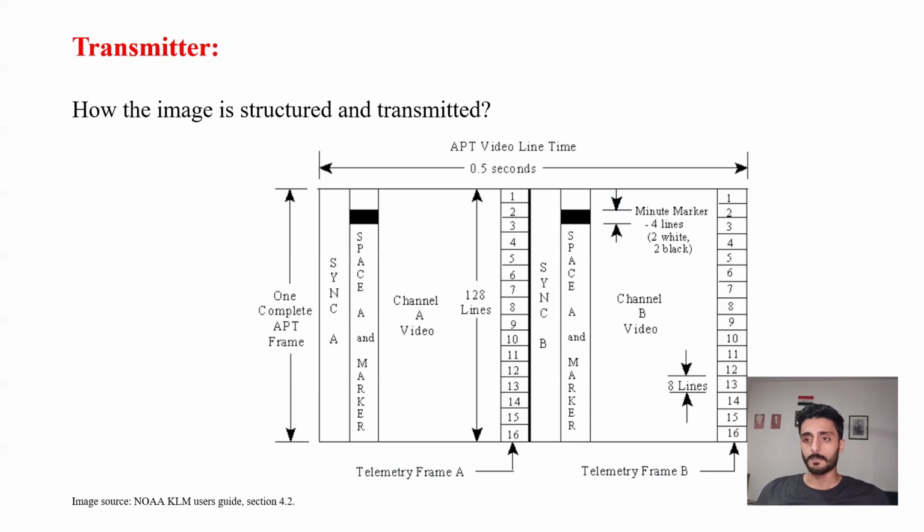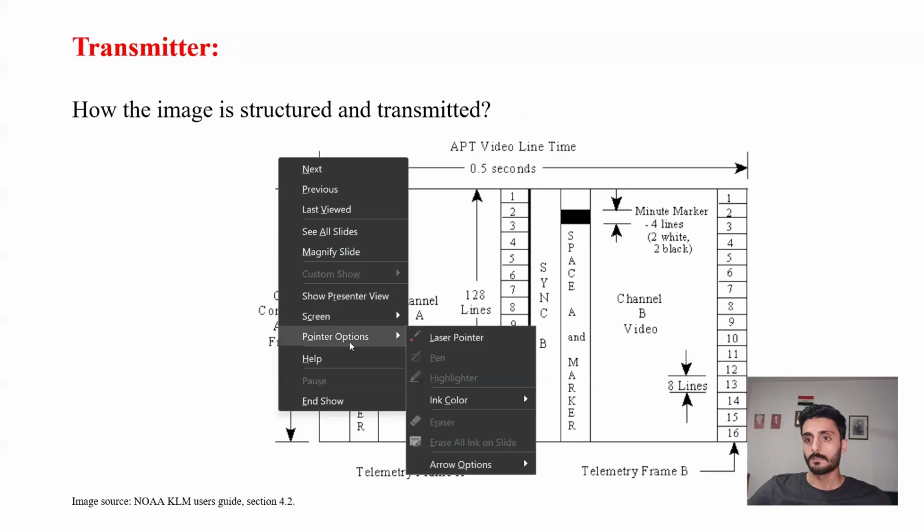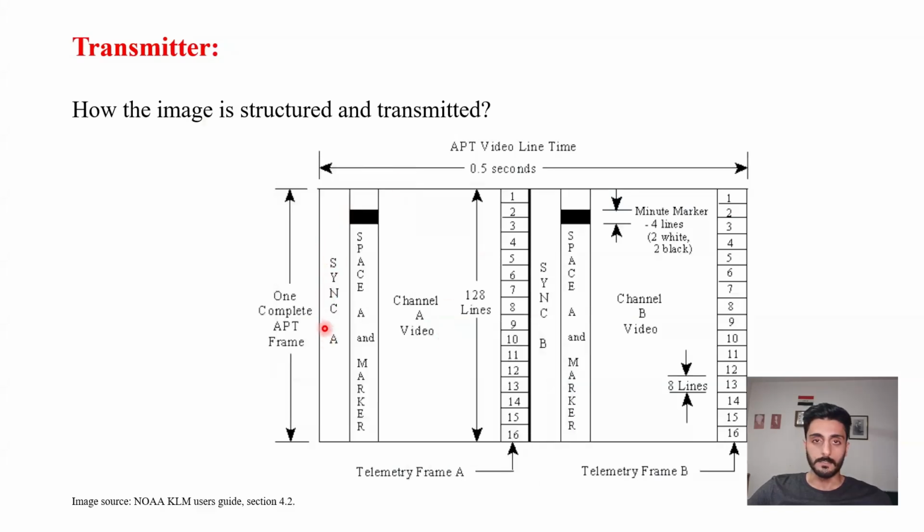The signal is structured as frames. In each frame, we have 128 lines, as we can see here in this figure of the signal structure. Each line has a duration of half a second, and each line contains many things. First, a sync signal, then some spacing signal, then the channel A signal.